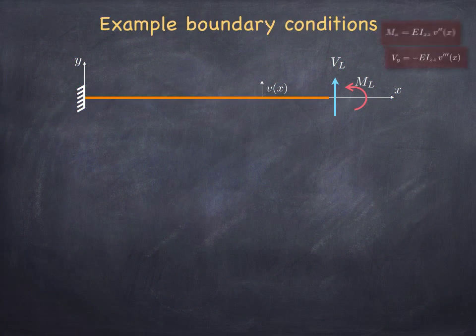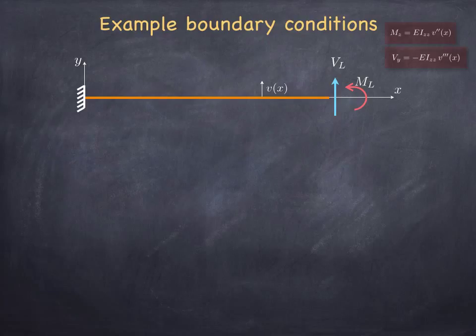For any given well-defined beam problem, we're going to have 4 boundary conditions that we will need, and I'm giving you an example here. If we're looking at a cantilever beam with fixed displacement and rotation on the left-hand side and with applied external moment and shear forces on the right-hand side, what are our boundary conditions?